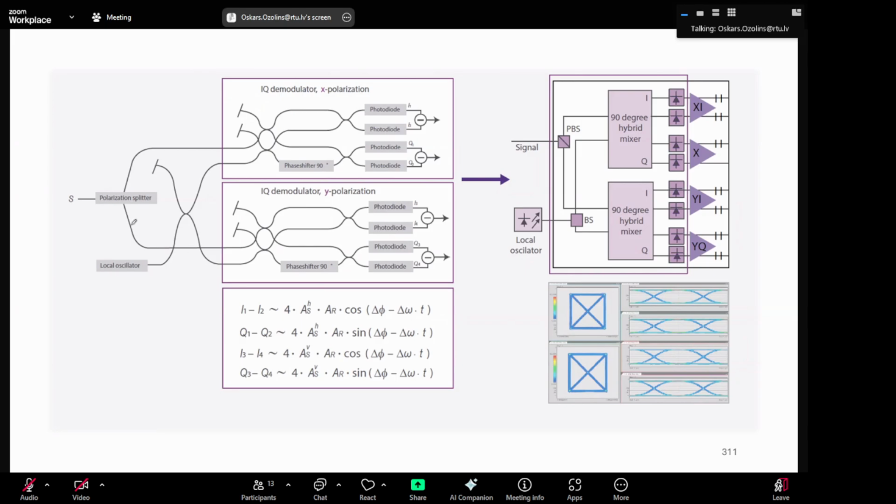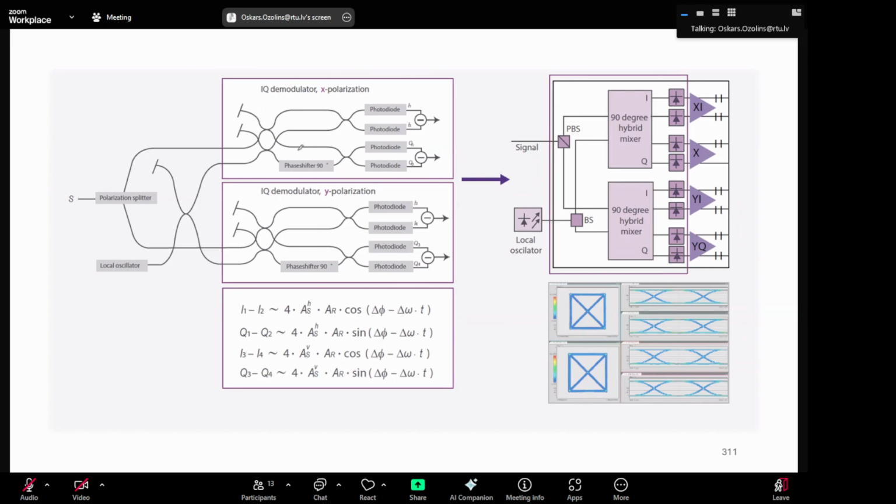In practical systems, it's not possible to have a polarization controller here because you don't know what is the right one. So you need to have a feedback to tune it. It's not practical. So eventually it's done with the digital signal processing called butterfly equalizer, which does the polarization recovery.